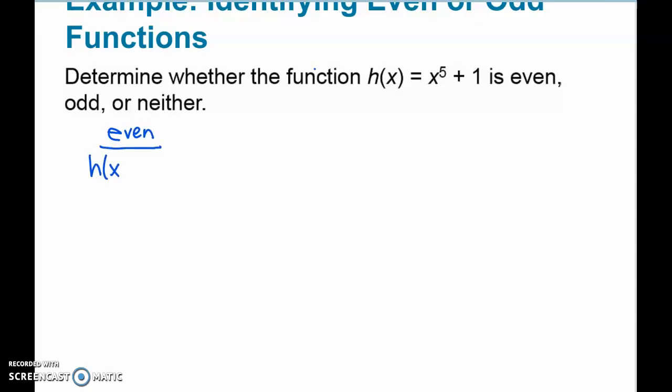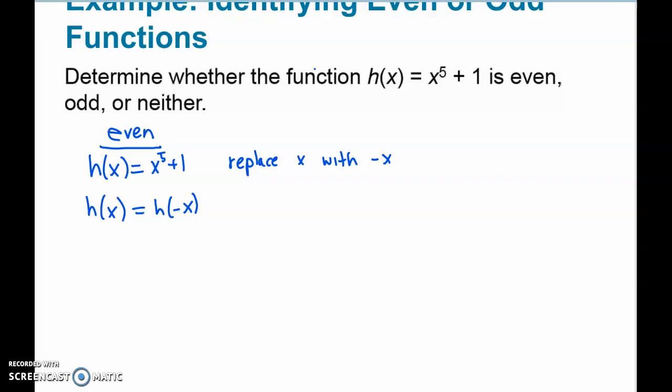You take the function, so here's the function, and you are going to replace x with negative x. Because we are checking if this is true. So I'm checking if this is true.